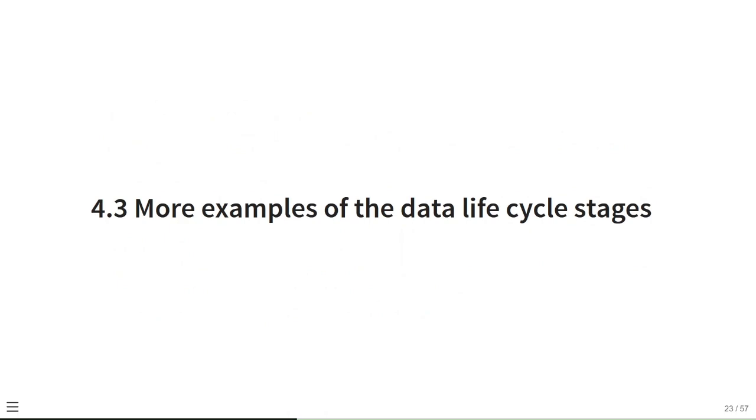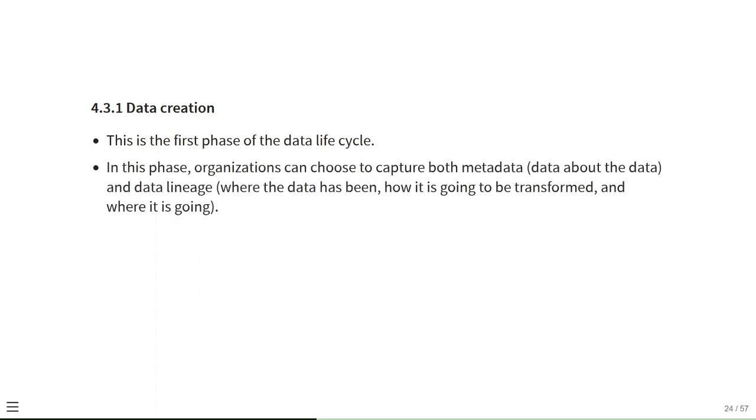Let's have a look at some more examples of the data lifecycle stages. We can again look at the data creation phase, which is the first phase of the data lifecycle. In this phase, organizations can choose to capture both metadata, as in data about the data, and data lineage, as in where the data has been, how it is going to be transformed, and where it is going.